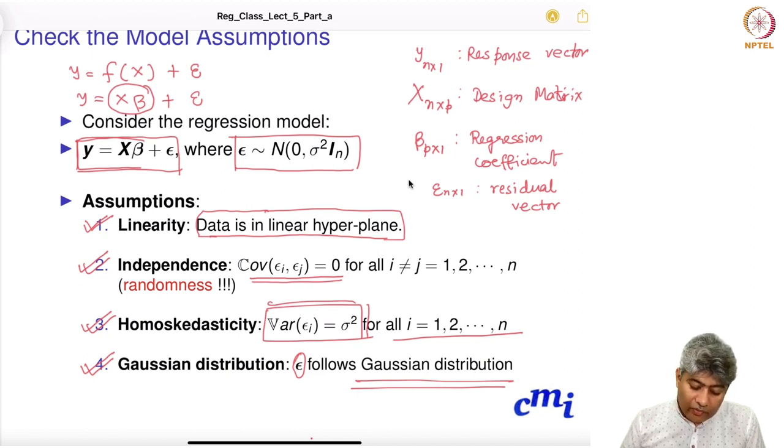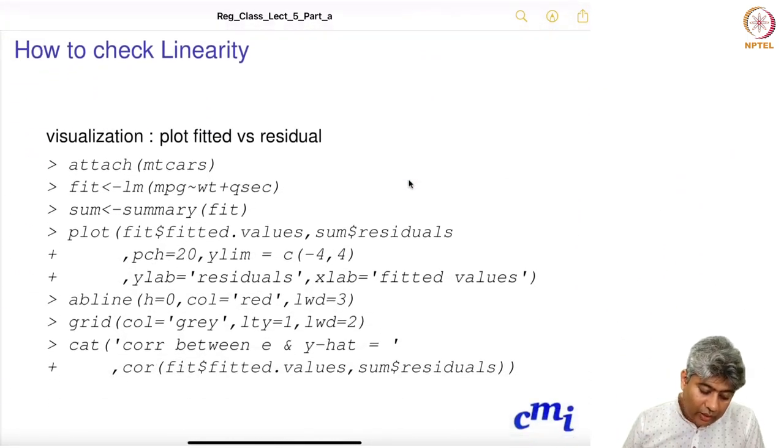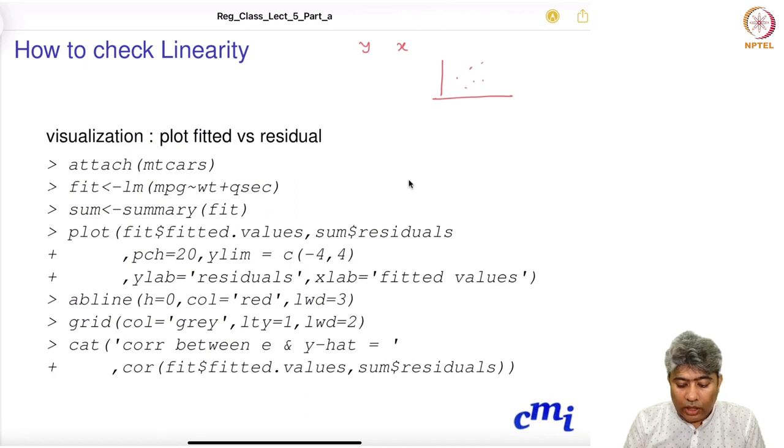So first we will discuss how to check the linearity, that is, whether the data is in a hyperplane. It's difficult. If you have only two variables, say y and x, then you can simply draw the plots and check whether they are linear or not.